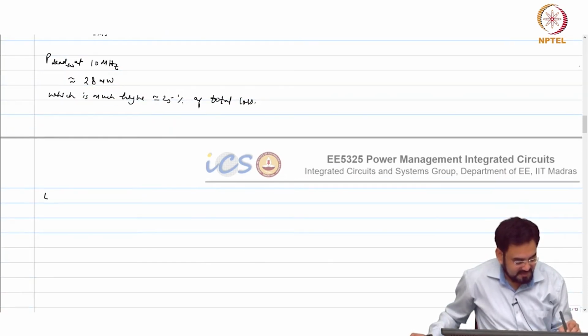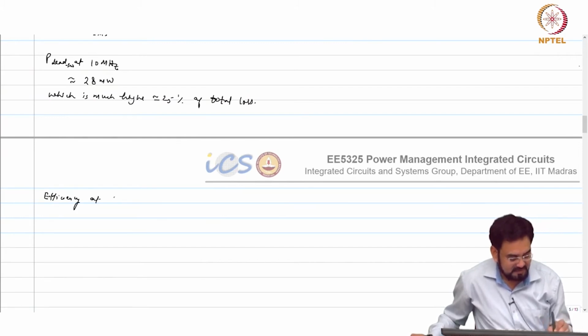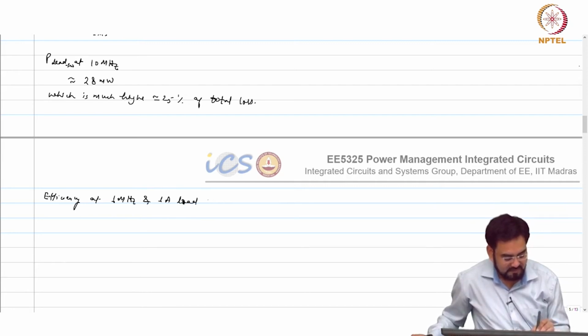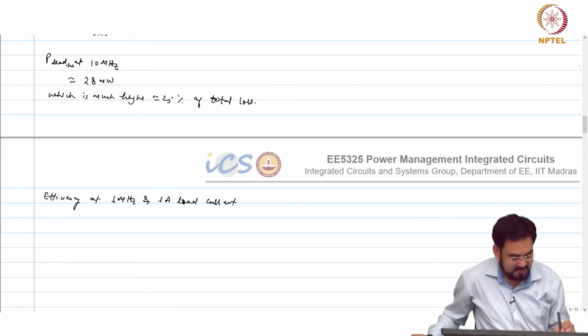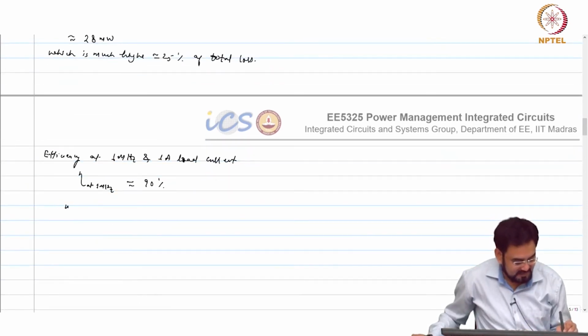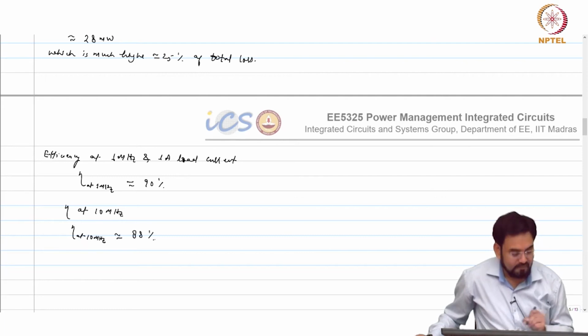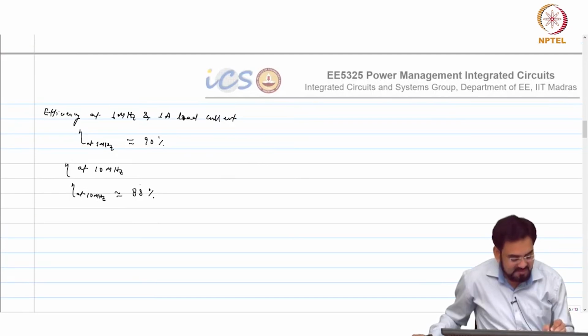So, your efficiency at 1 megahertz and 1 amp load current, I will say, is approximately 90%, and efficiency at... Okay, so these numbers may not be exactly accurate.